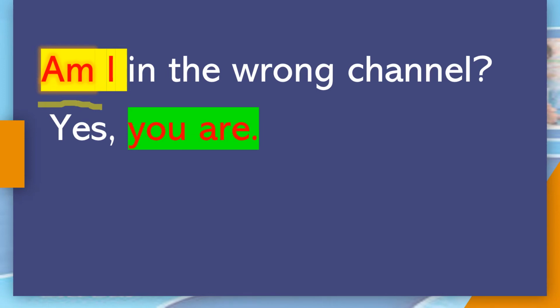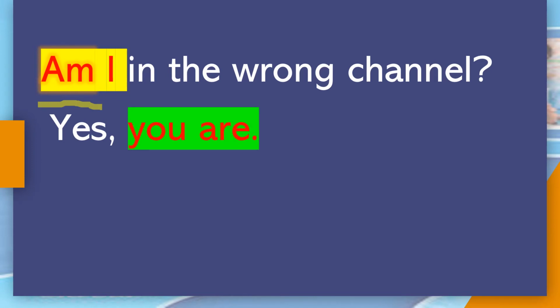Okay, some of you might be confused. Why does the question ask, am I in the wrong channel, but the answer is yes, you are? This is because when we ask a question, there are two people talking. So when you say am I, it means that you are the one asking the question. So in here, it's Mr. Zack. Am I in the wrong channel? I ask somebody, am I in the wrong channel?